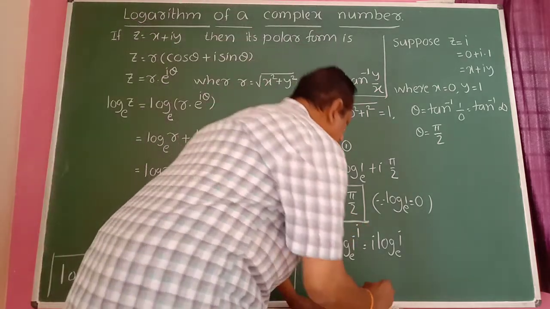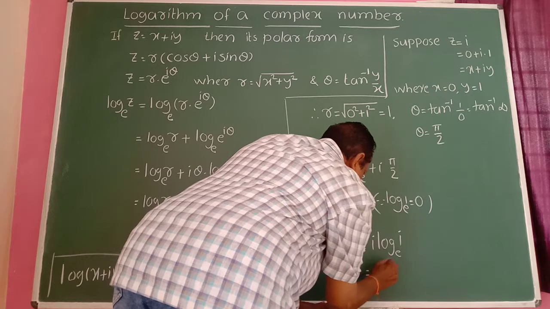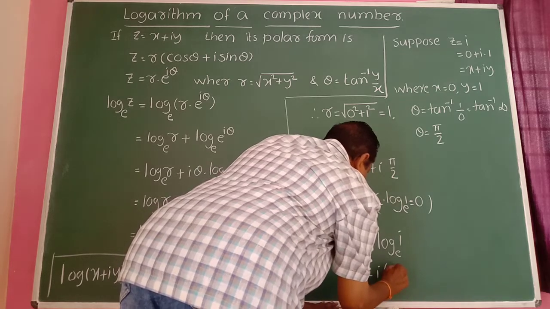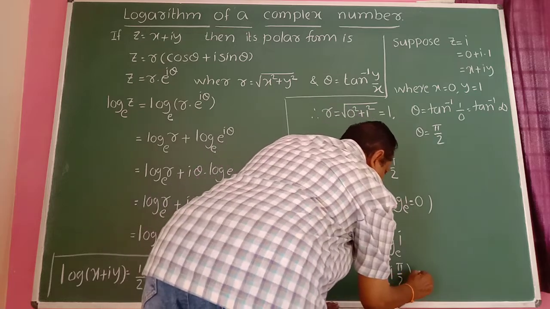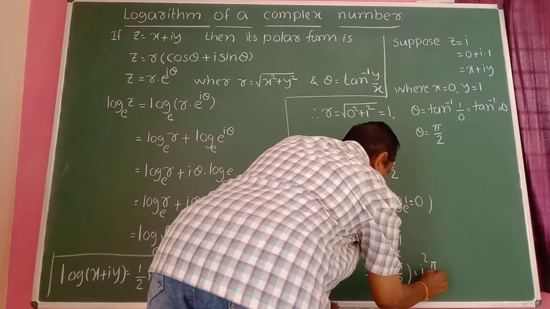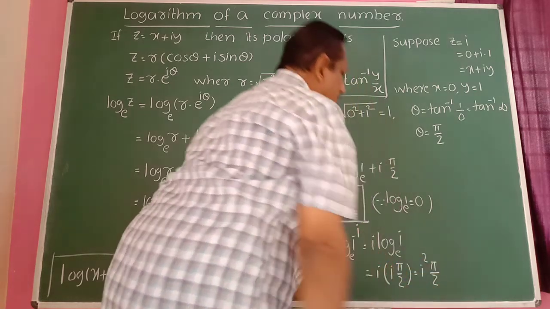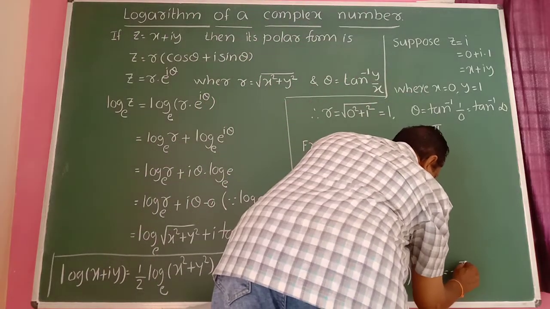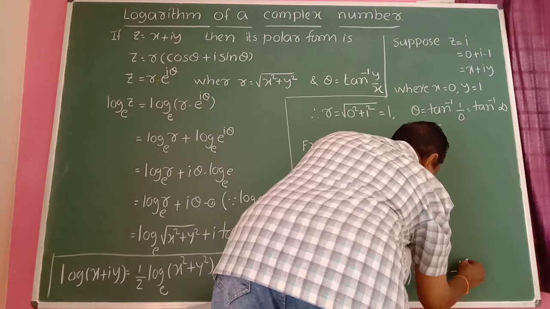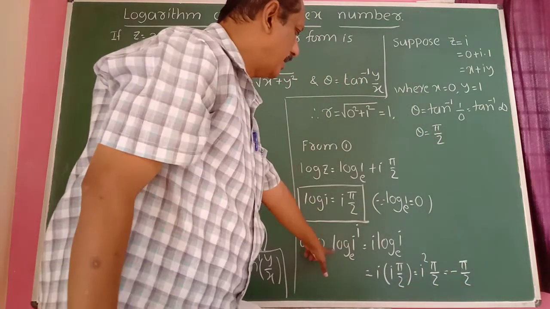Therefore, this is equal to i into i pi by 2. i into i becomes i square, so i square pi divided by 2. And you know i square value is minus 1. So it is minus of pi divided by 2.